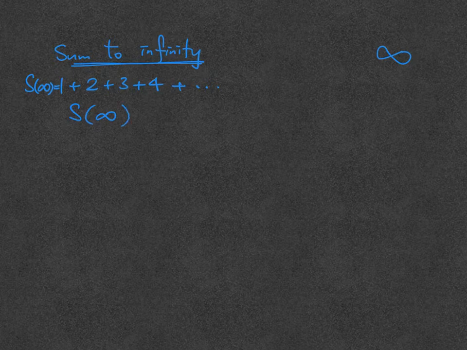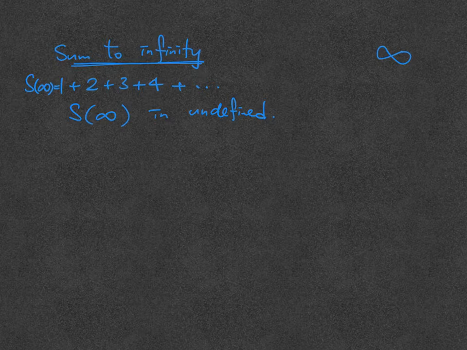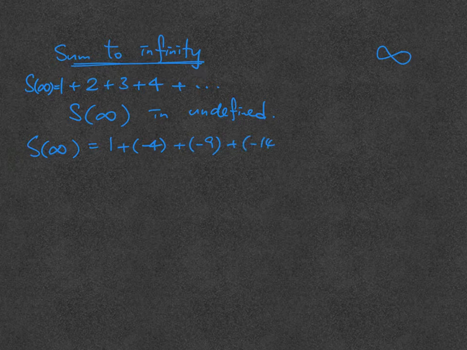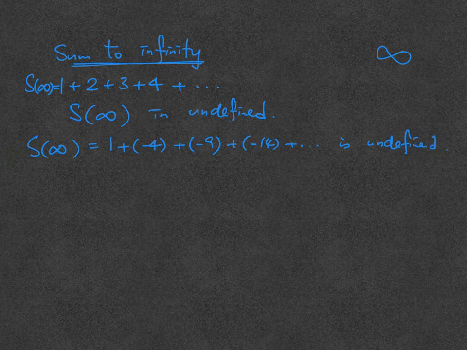Or you may simply say this result is undefined, because you don't think it can be added up. Similarly, if you add a negative number, decreasing, for example, minus 4 plus minus 9 plus minus 14 and continuously, you don't think this one finally reaches an answer.